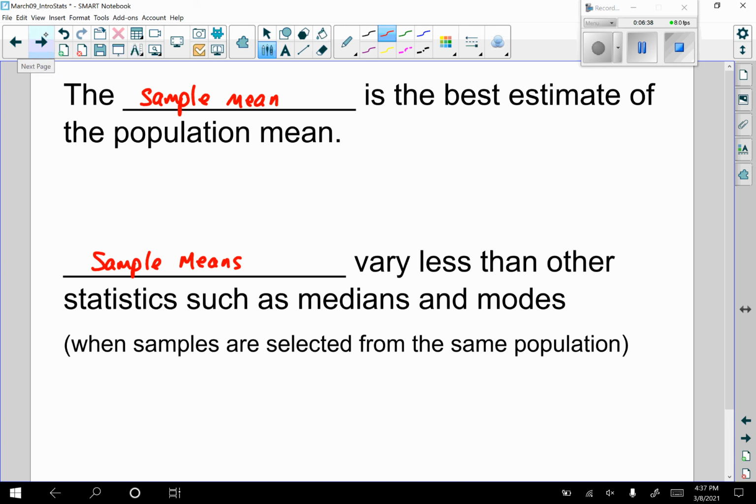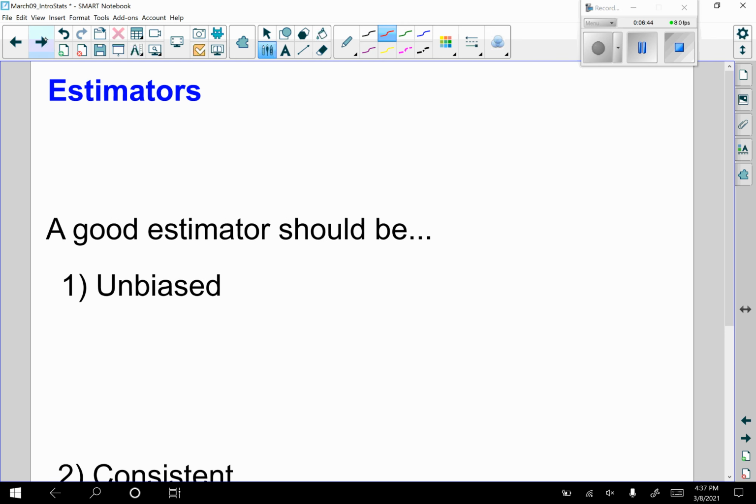Let's take a closer look at estimators. So we just described a point estimator, but going back to the very beginning, remember statistics, measurements coming from samples, are used to estimate parameters.